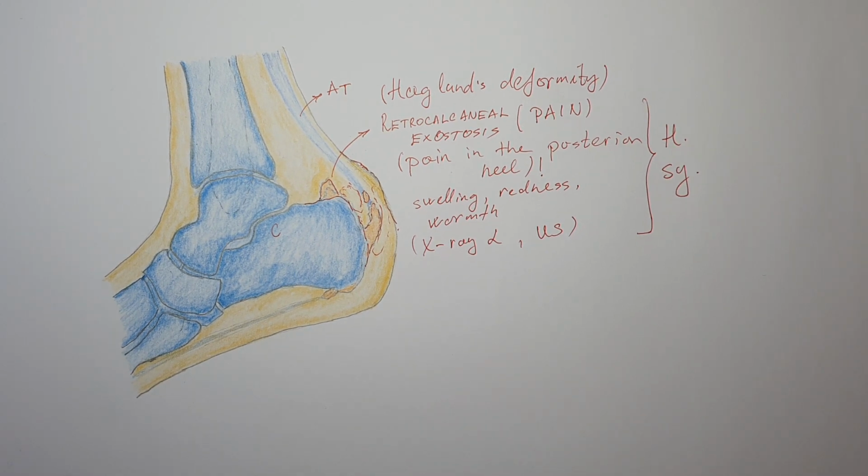Once we establish the diagnosis, the therapy is like for all of these pathologies, all of these bony exostoses in this part. The therapy first is conservative therapy.